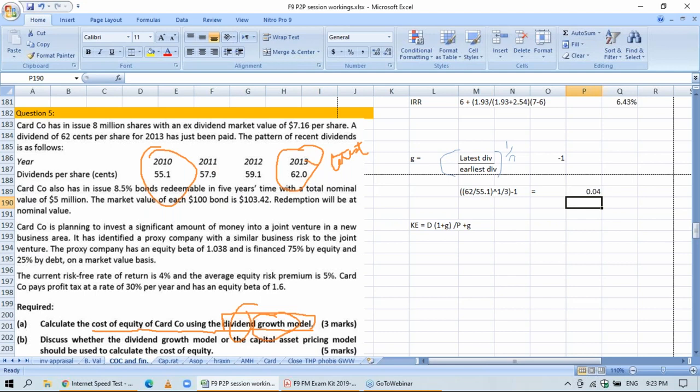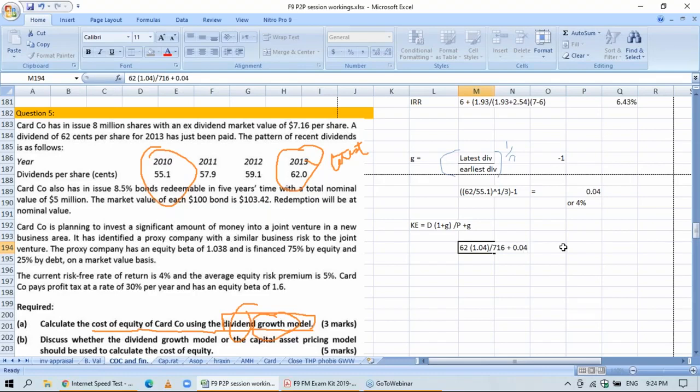So that's the growth rate, and then we'll put the growth rate in the cost of equity formula. So taking the dividend as 62 cents multiplied by 1.04, which is the growth rate, divided by the market price. So the current market price is 716 cents plus the growth rate, which is 0.04.